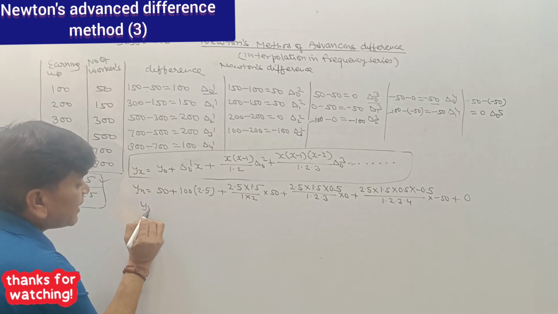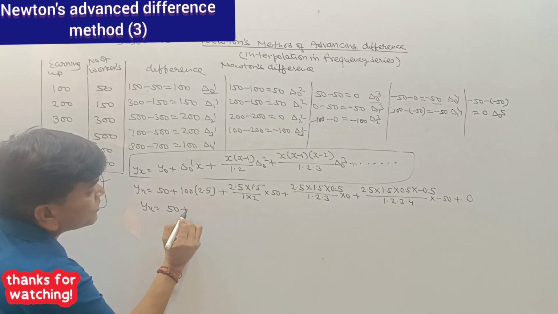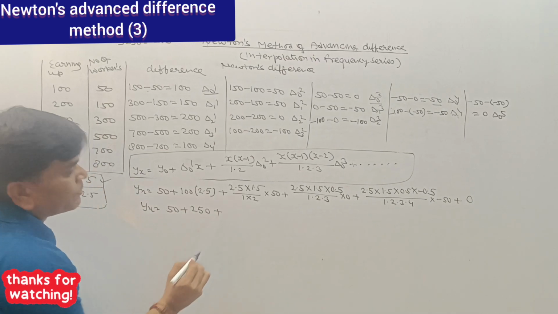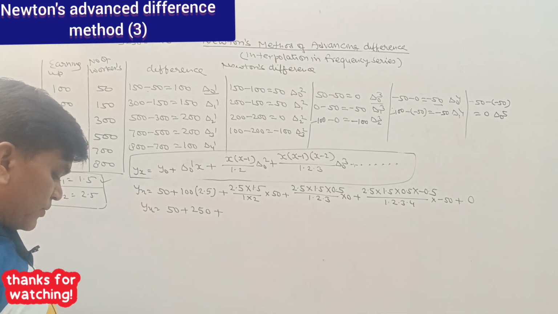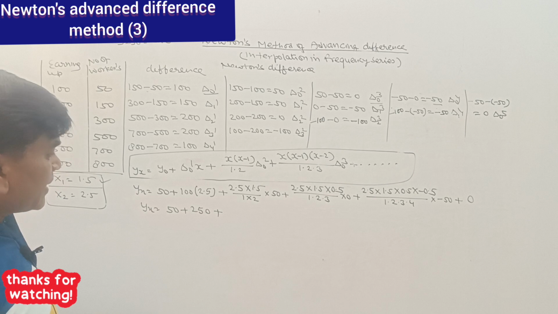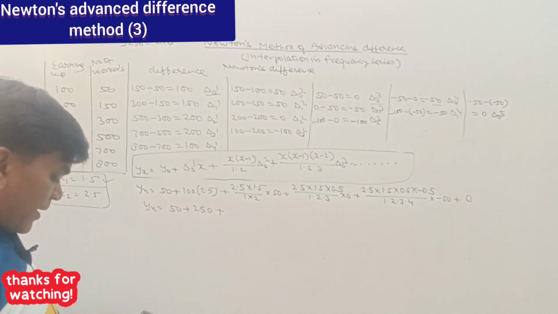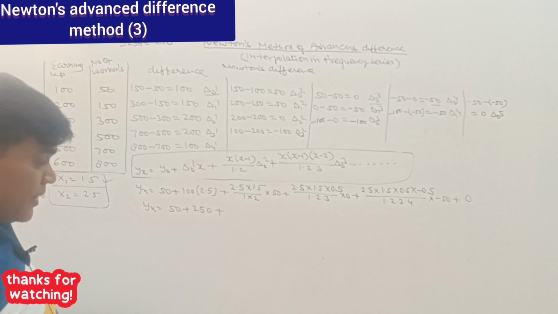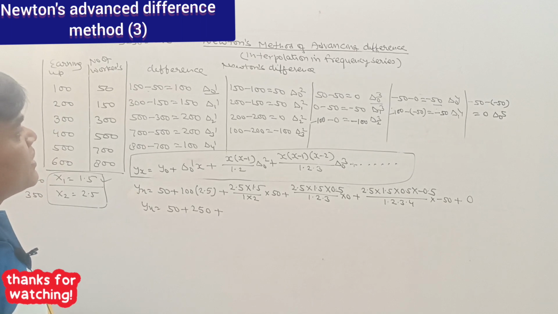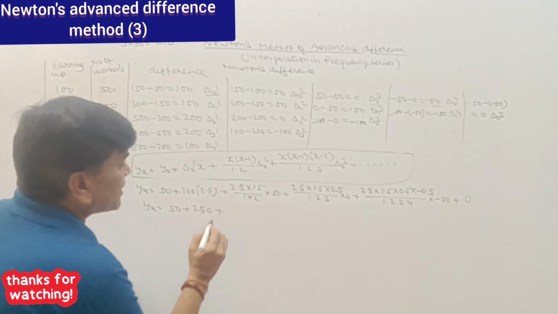So the y-x value is 50 plus 250 plus 50 plus 250, 300, 2.5 multiply 1.5 multiply 50 divided by 2. So the plus value is over there because the difference was plus 93.75.